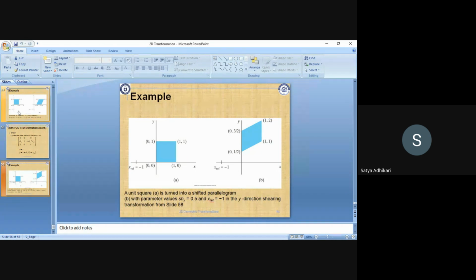So here also a square is sheared to a parallelogram. So this is shearing, which you use when you want to change the shape.